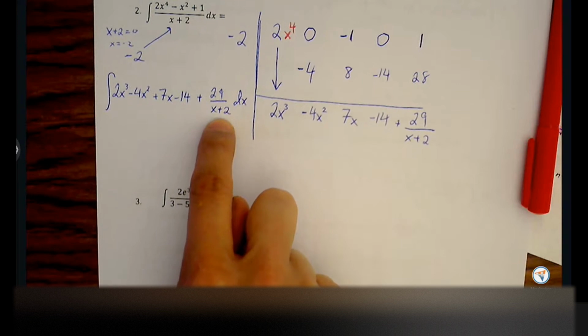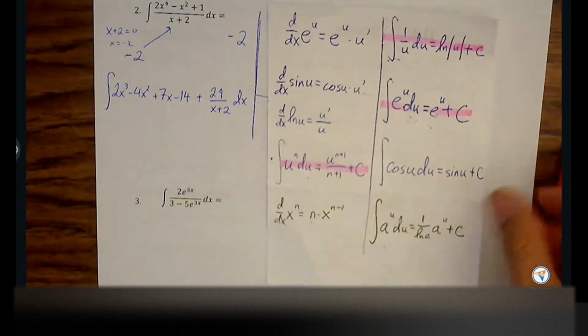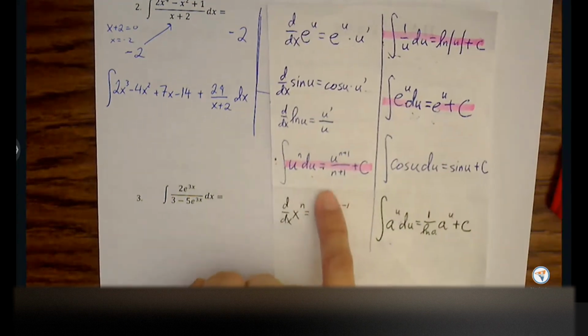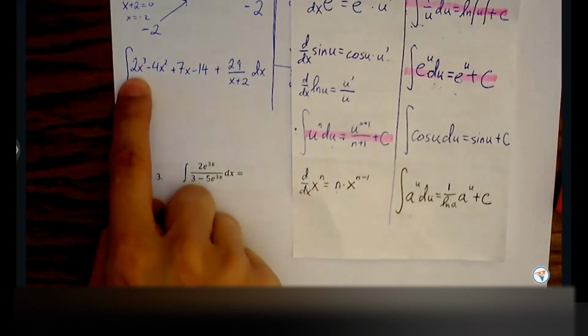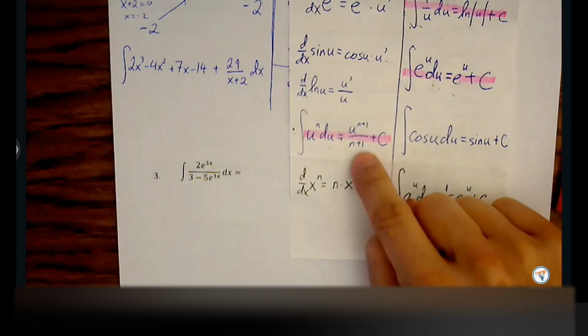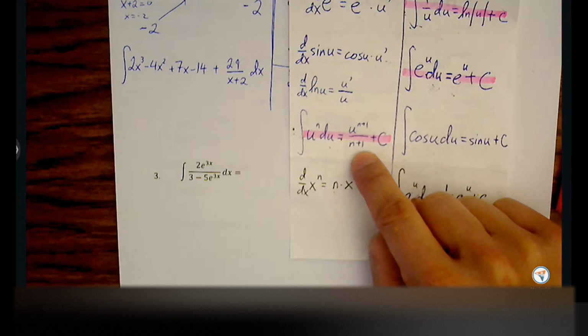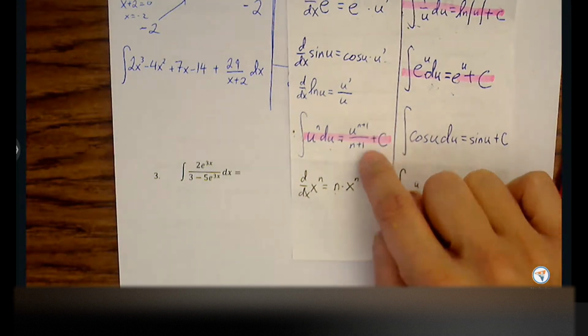That's usually the pattern that occurs. So what's power rule going to be for the first few terms? 2x cubed becomes what? We add 1 to the exponent, divided by that new exponent.